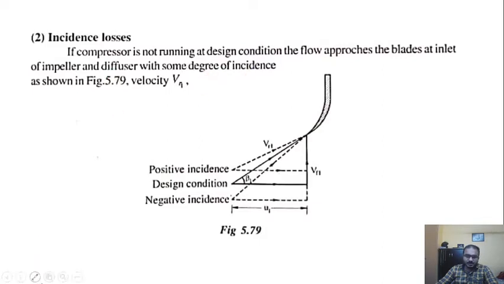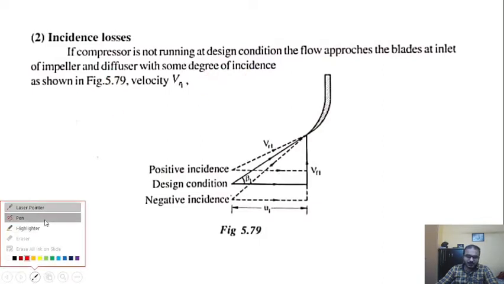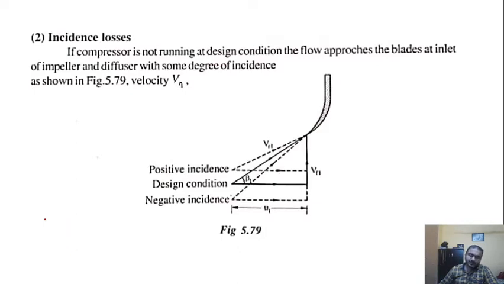Whenever the centrifugal compressor is designed, and more specifically when the impeller blades are designed, they are designed in such a way that the flow smoothly enters the leading edge of the blade without any formation of angle. That is only applicable at the design conditions.